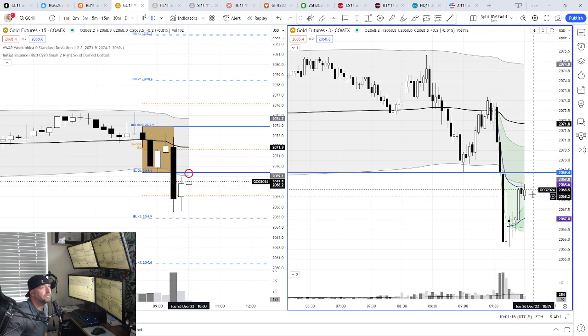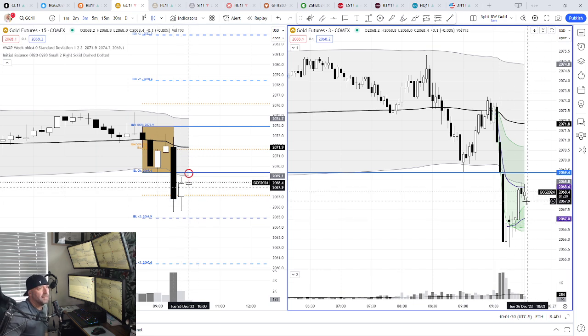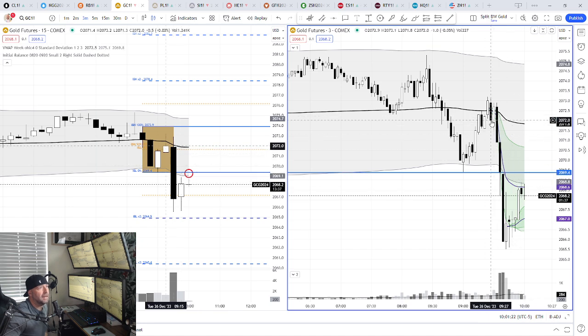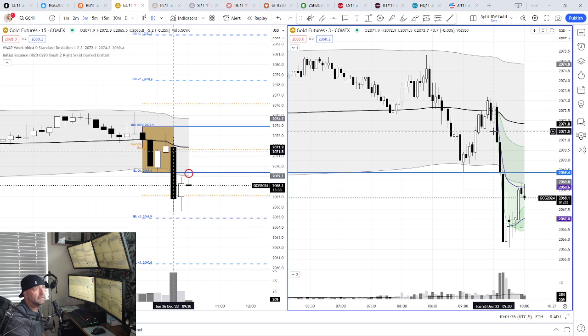Because look at that. We're also at VWAP from the recent pivot high. Yep. Certainly confluence here. So I'm in short.